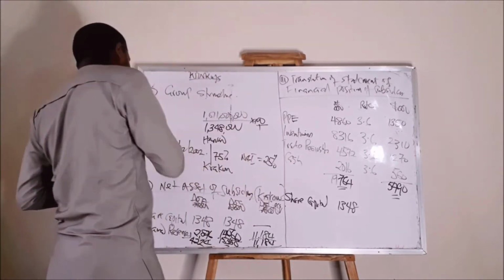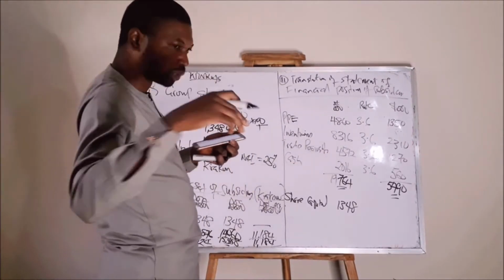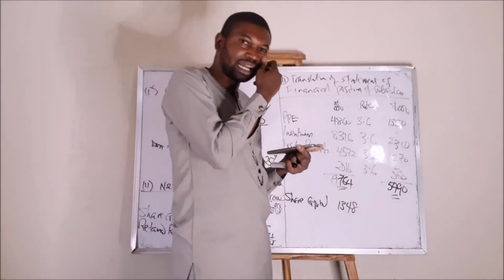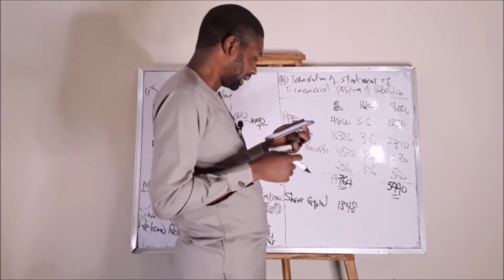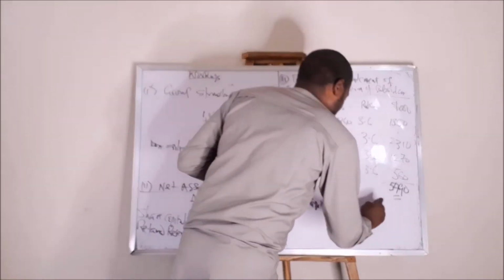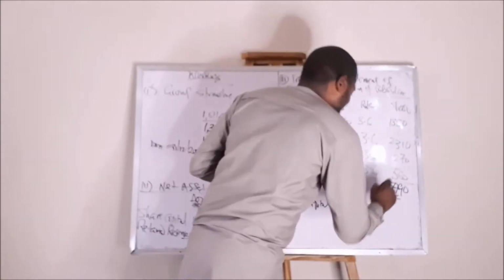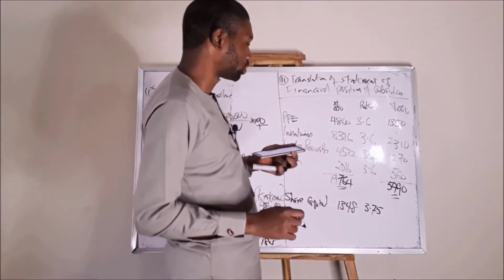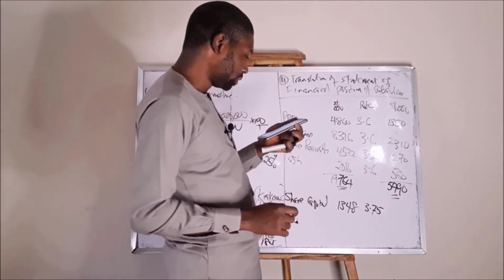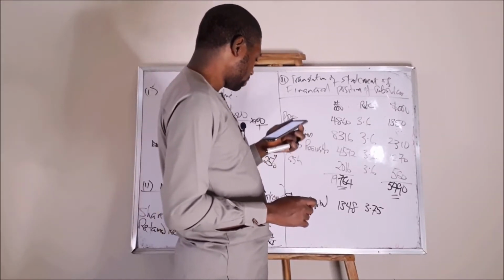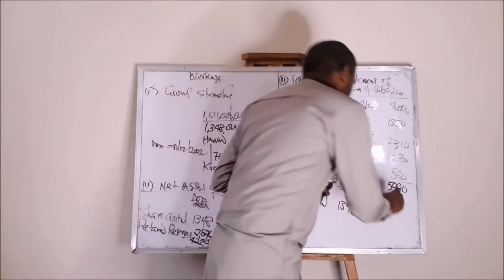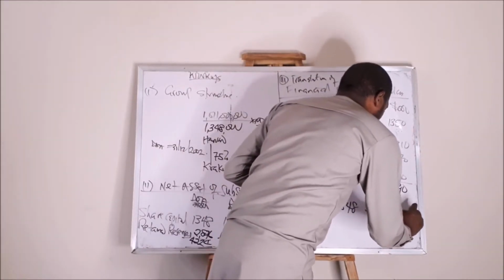If you look, the subsidiary was acquired on 31st of December 2002, so go to the rate there. If you check additional information number A, you'll discover that it's 3.75. 3.75 is the exchange rate as at the date the subsidiary was acquired. If you divide now, it's going to be 306.4.